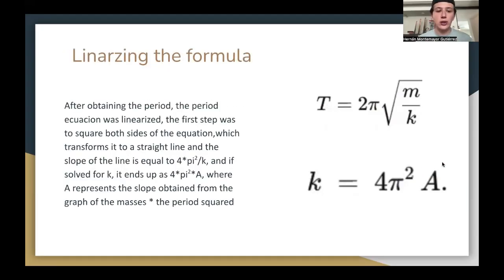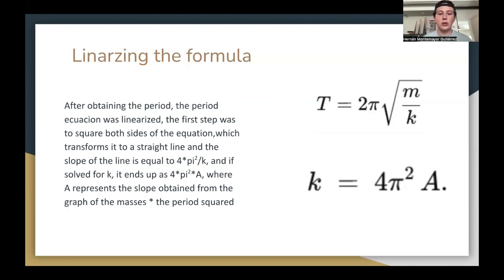Then we linearize the equation. After obtaining the period, we have that the equation was T equals 2 pi times the square root of the mass over the k constant. So we first squared each side of the equation, and then it transforms to a straight line.